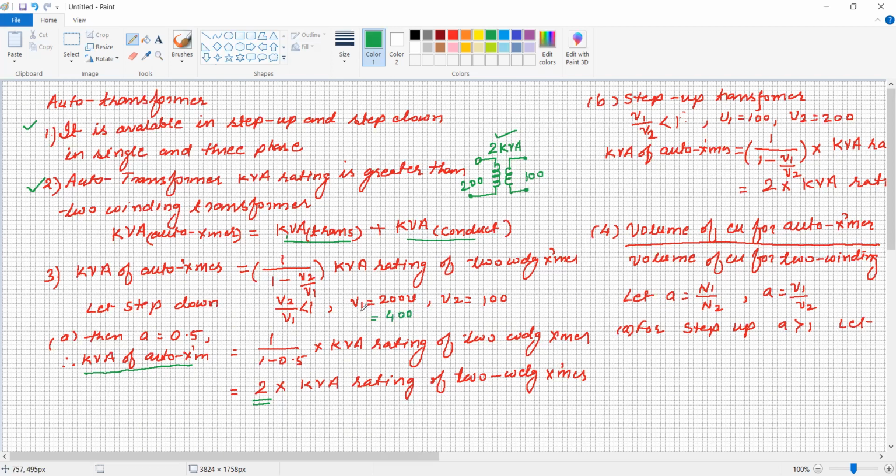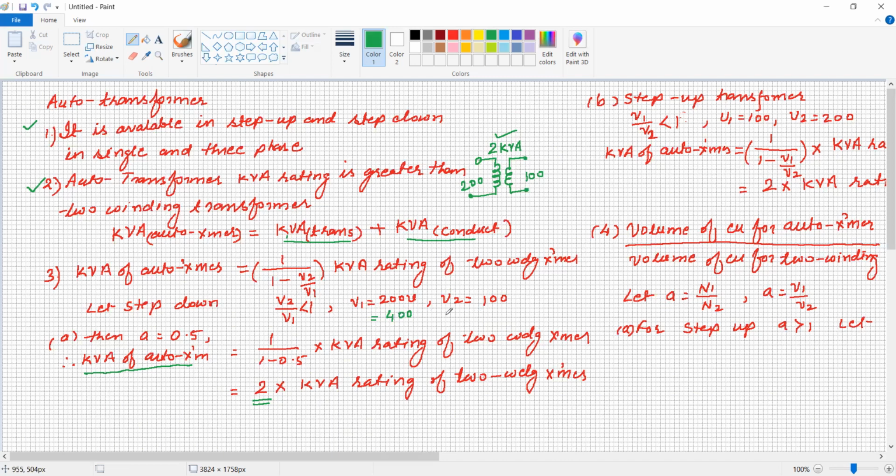So the ratio becomes 1/4, which is 0.25. So 0.75 remains, isn't it? So 1 over 1 minus this one. Under such condition, this is the meaning.